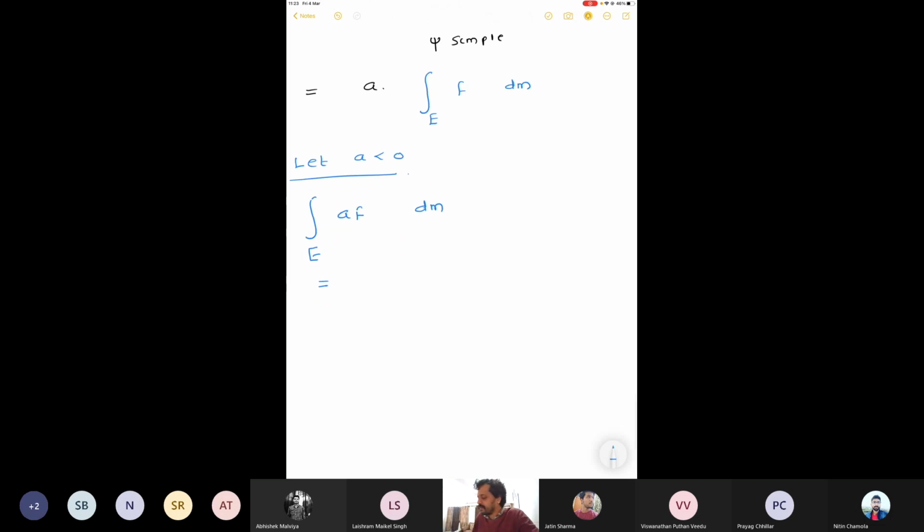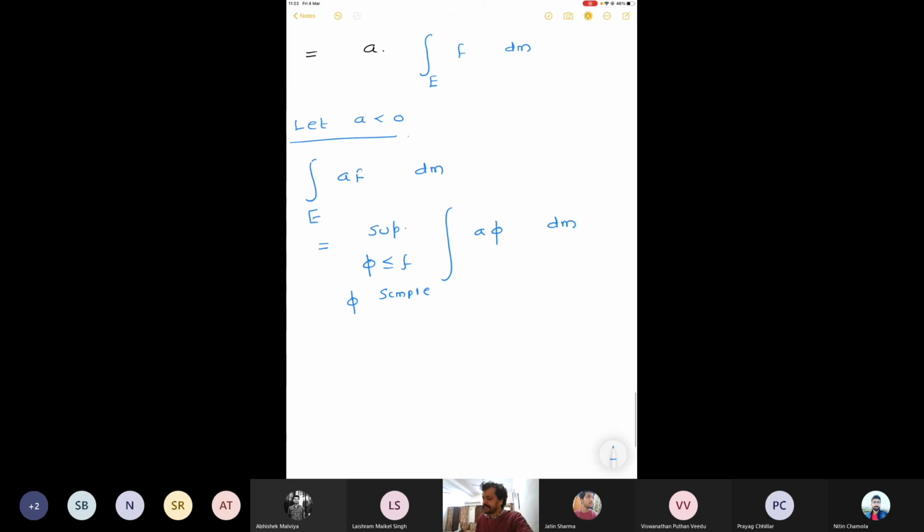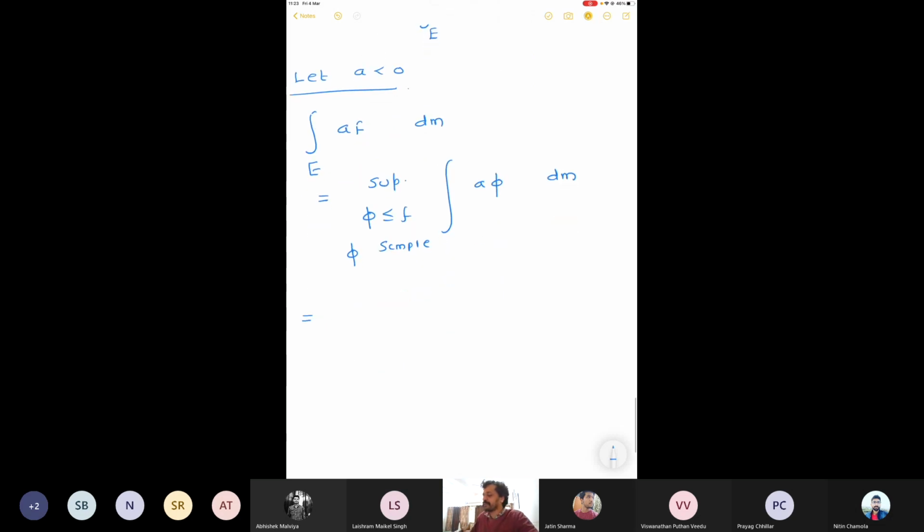So this is equal to the integral of A phi dm, phi less than or equal to F, phi simple, and then take the supremum. Now the approach is the same. So now you can pull A out because for simple functions you already proved this result.